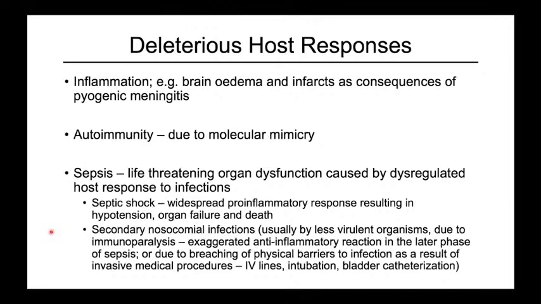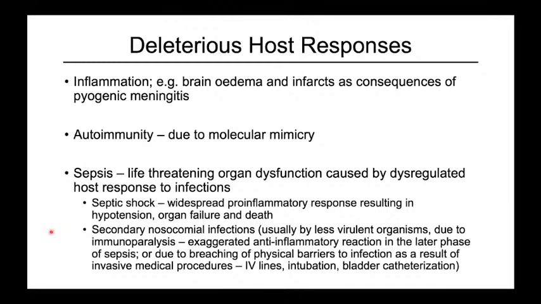Because of this dysregulated immune response, this also predisposes these patients to secondary infections, especially if they're in hospital. They tend to also get nosocomial infections. This would be with less virulent organisms, and that is just because of the immune dysregulation that occurs. I keep saying that with every immune response in the body, there's always an aspect of immune regulation.